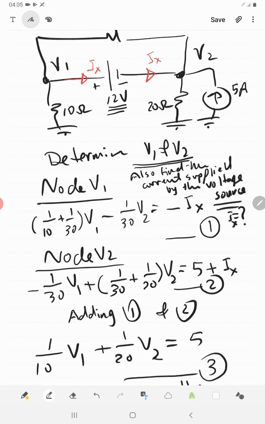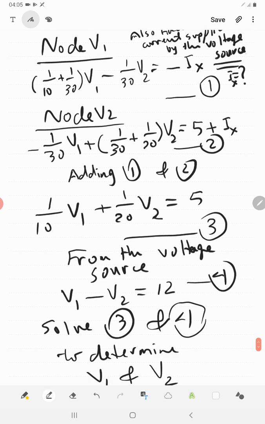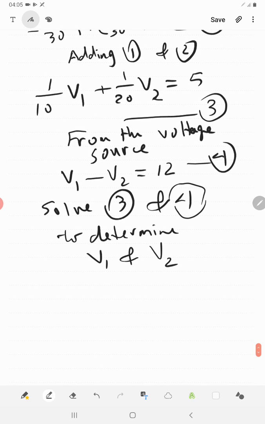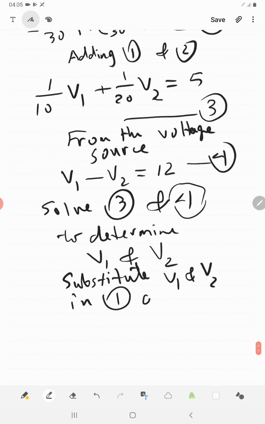Then we use either 1 or 2, substitute V1 and V2 in 1 or 2 to determine Ix.